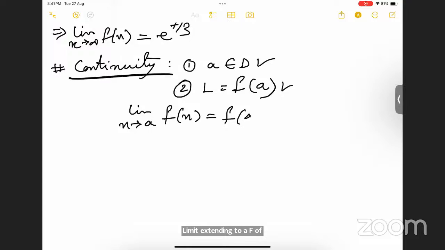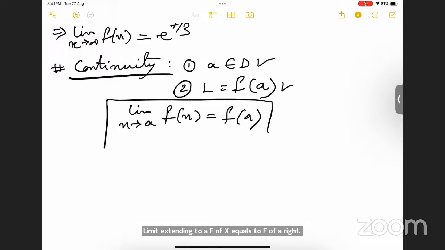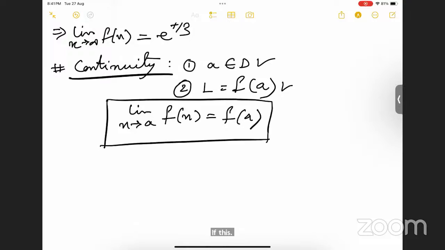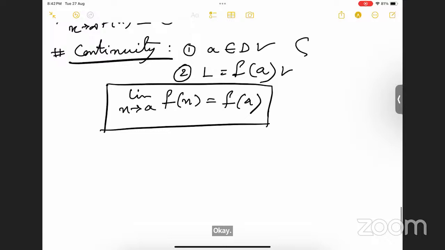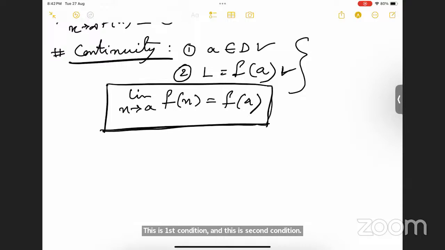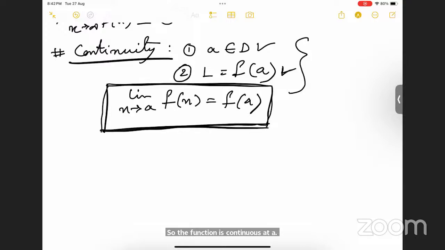If this happens, then we say that the function is continuous at the point x equals a, if and only if this happens.